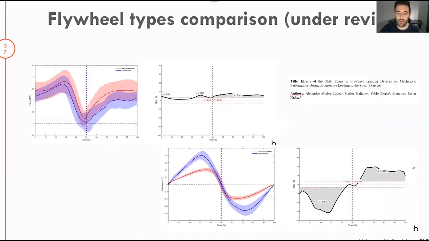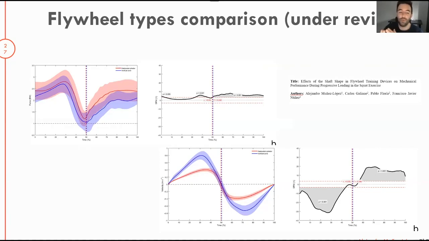So what we really saw is that when you use a horizontal cylinder, you can have more force, as is presented here on the red line, along most of the concentric phase of the repetition. You can see here the differences, of course, are more notable during the eccentric phase, but when you use the conic pulley, you always have a higher speed between both devices. Mostly significant difference along the whole concentric phase and along the whole eccentric phase.